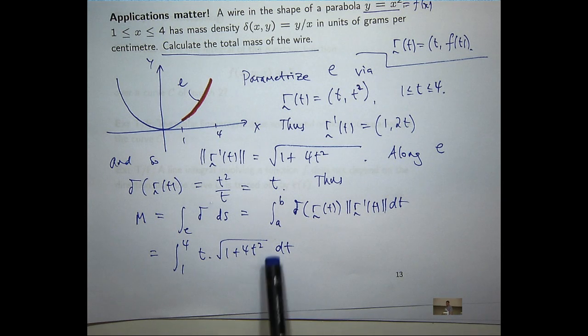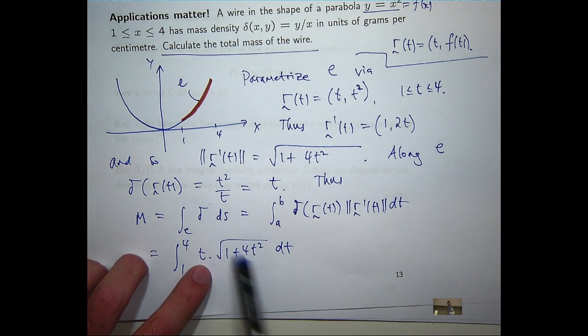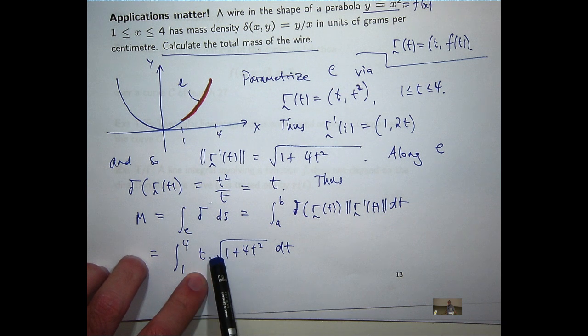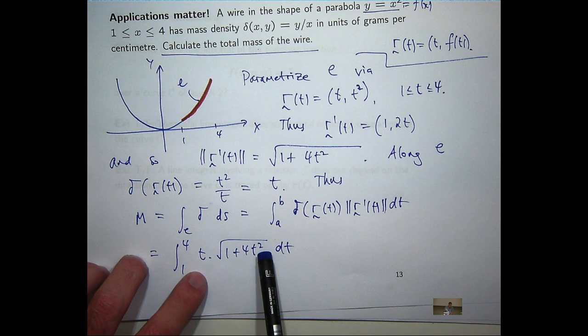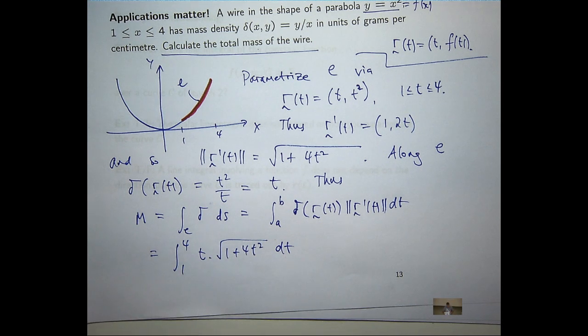Well, if I look inside the square root sign, I've got 1 plus 4t squared, and I've got a t that's multiplying. Now, if I differentiate 1 plus 4t squared, I almost get t. So I've kind of got a chain rule type, substitution type integration going on here.